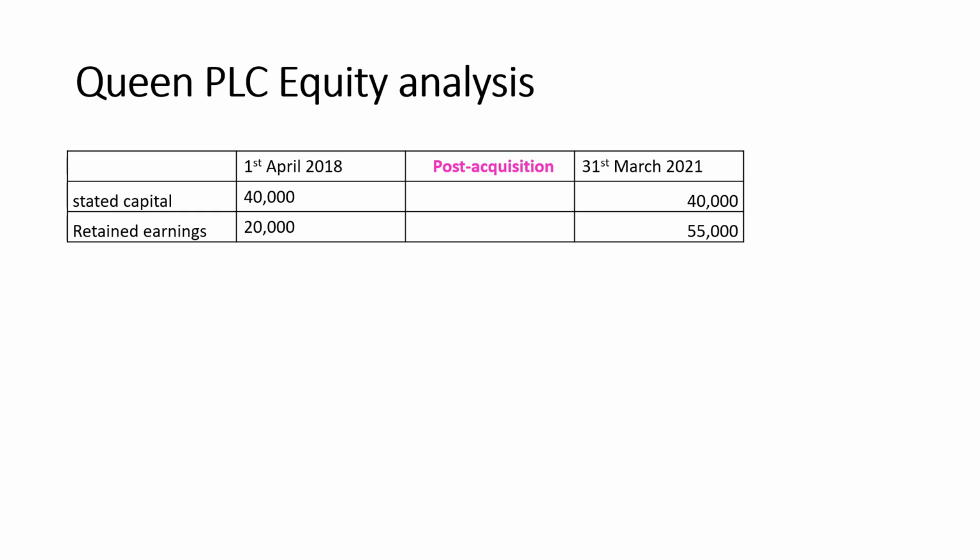Rather than doing it twice or thrice, what we can do is, first, from the pre-acquisition reserves, transfer 75% to the cost of control account to calculate the goodwill.